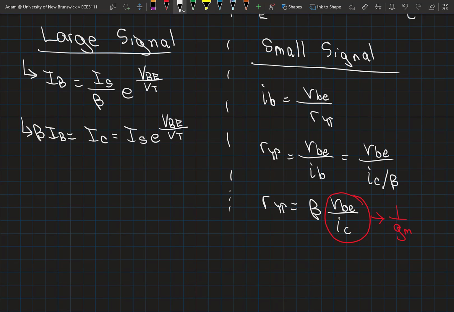So I can therefore define R pi as being beta divided by my transconductance parameter.